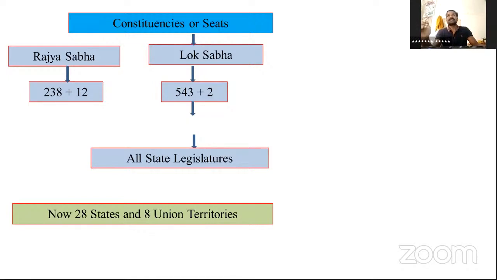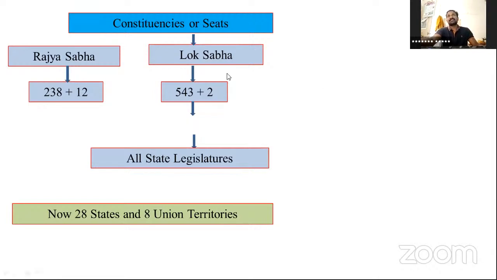Our India was divided into different kinds of territorial units. These territorial units are called constituencies. Look at that slide. This is Lok Sabha and Rajya Sabha. For the Lok Sabha, how many constituencies are there in the entire country?